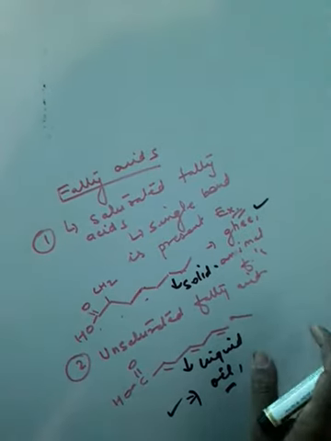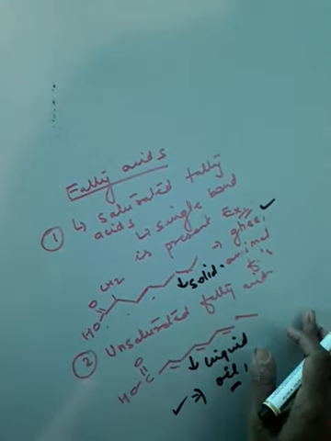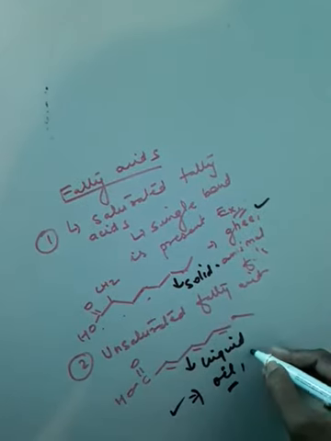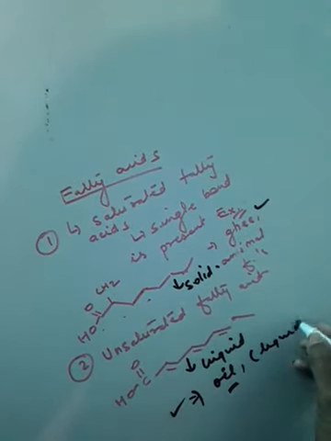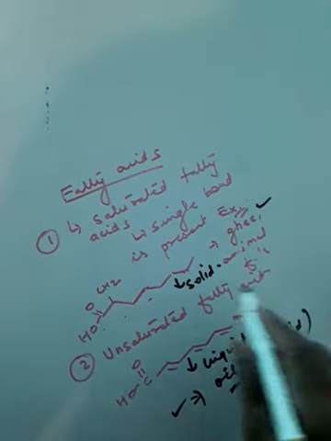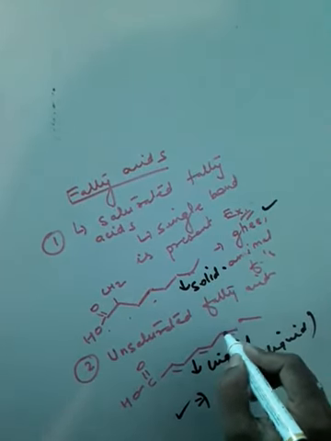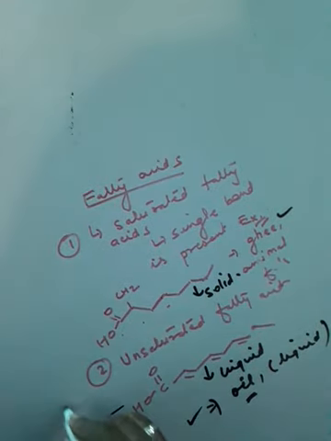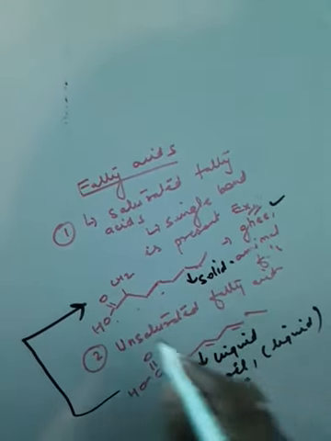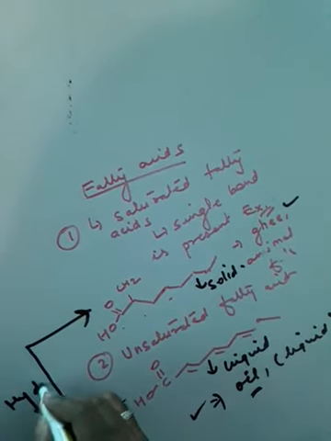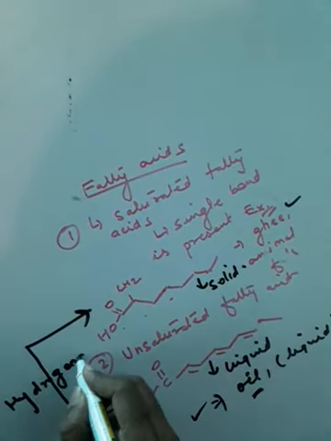If you want to convert this oil, which is liquid in nature, to solid form, you have to remove the double bond. The process is called hydrogenation.